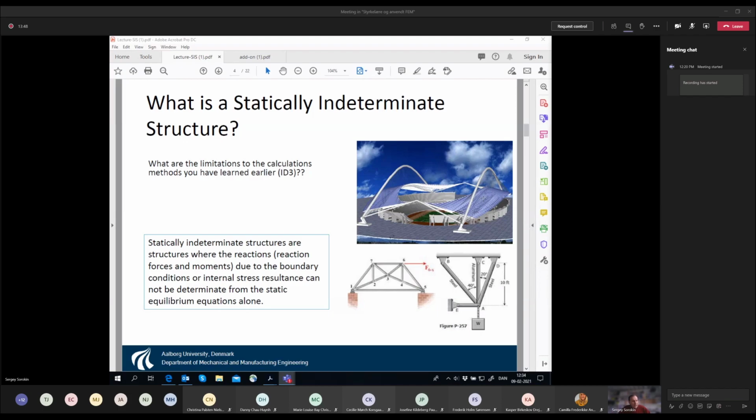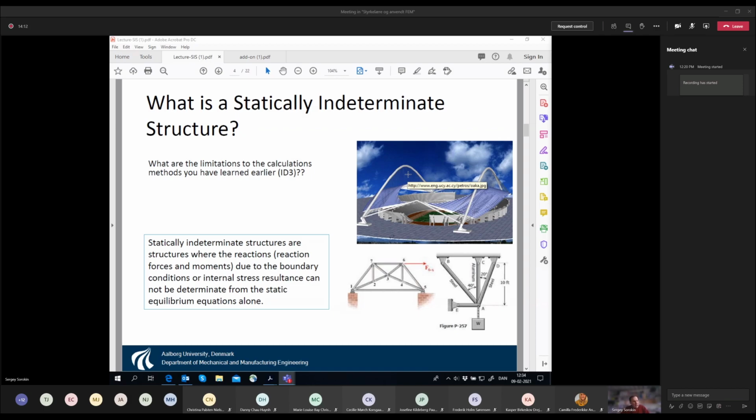And then, of course, if you have these complicated 3D structures in this nice picture, then you have plenty of elements, you have plenty of constraints, and then the system is not statically determinate, and it just means that you are not in a position to find the forces in each and every element using the equilibrium equations.